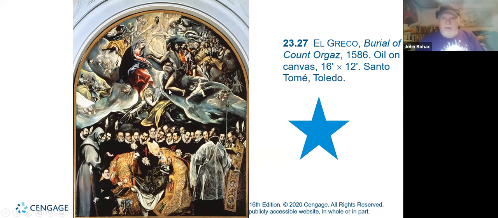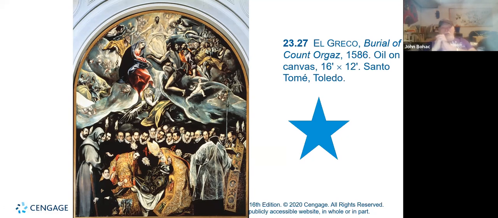And in a lot of ways, I think you could say that the skin color on these figures is not particularly naturalistic. So we've come a long way from High Renaissance and Raphael and the Sistine Chapel ceiling.